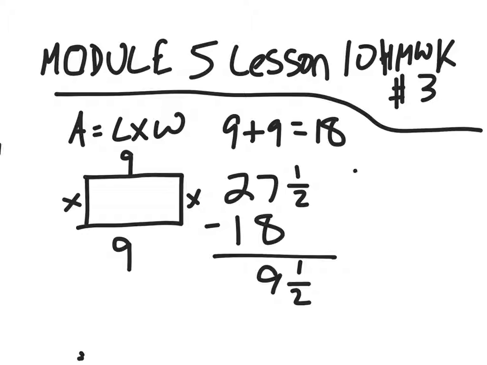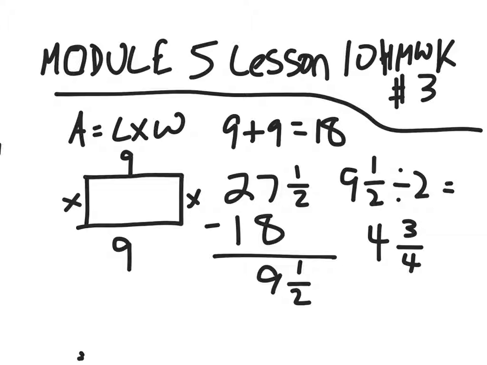So you have to take 9.5 and divide it by 2, because there's two of them. If you do that, you'd get 4 3/4. So now you know that this width is 4 3/4, and this width is 4 3/4.